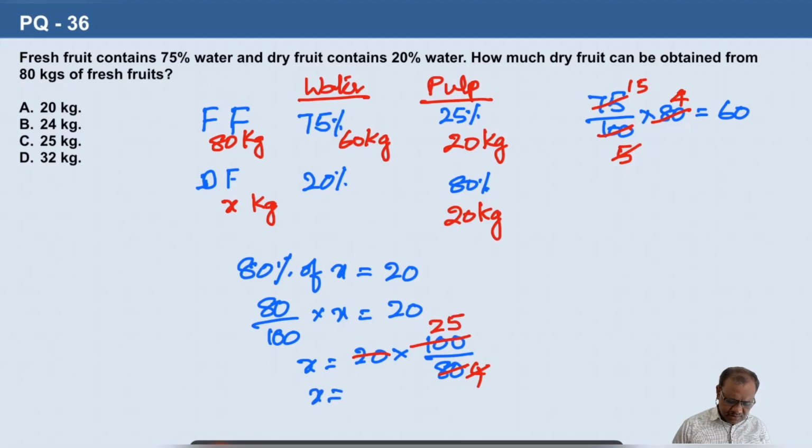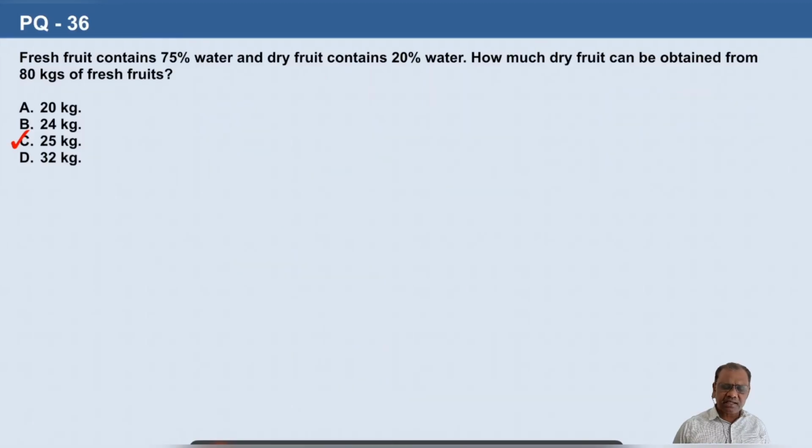X is equals to 25 kg. So this is the weight of the dry fruit that can be obtained from 80 kg of the fresh fruit. So 25 kg, the correct answer is option C. So we have to find out the pulp quantity, and same pulp quantity we have to take it for the dry fruit also.